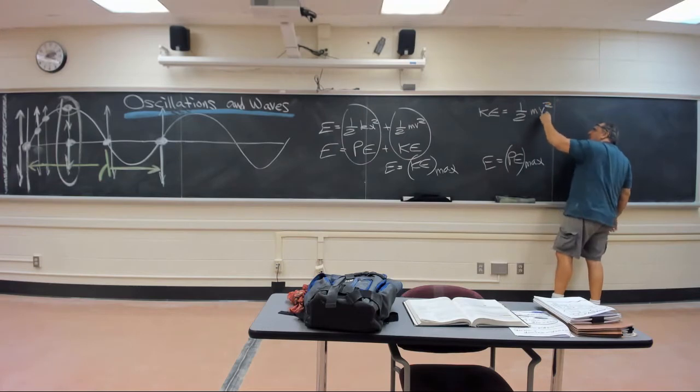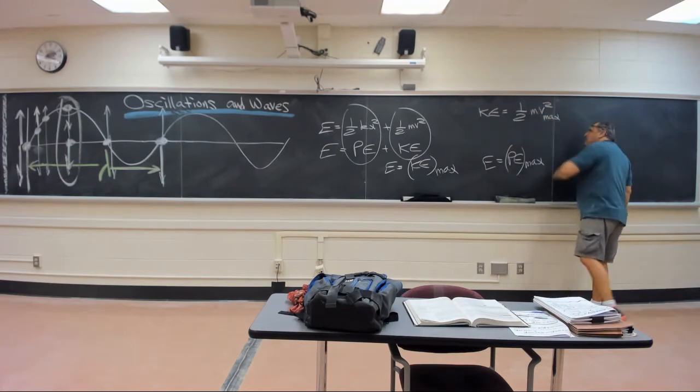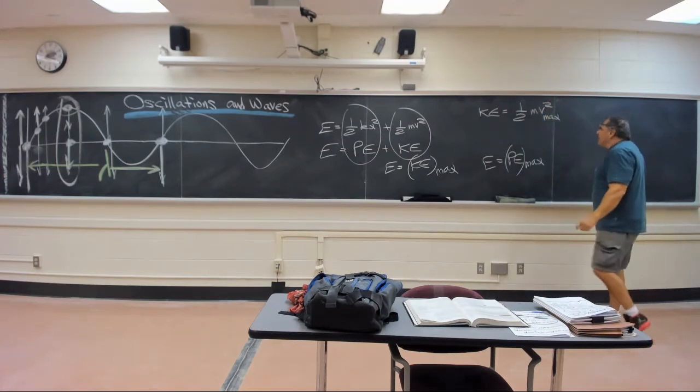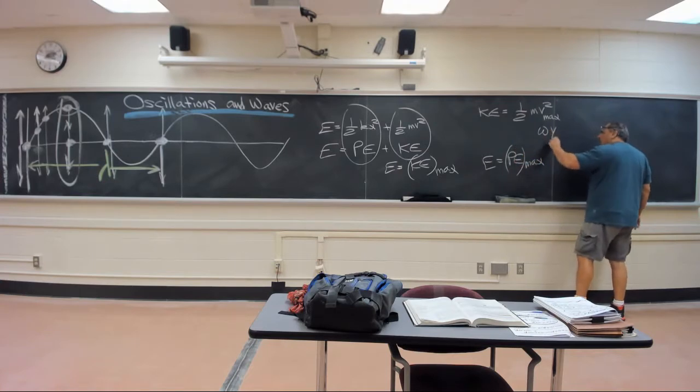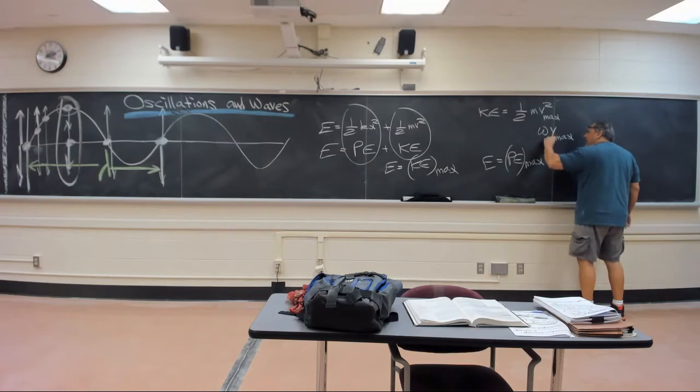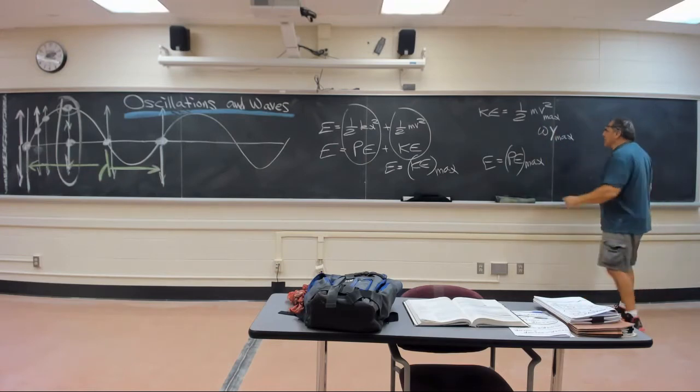Maximum kinetic energy is going to be this guy at its max. Well, this guy at its max is omega of the oscillator times the amplitude, which is Y max. I've used A in the past when I discussed this stuff. Doesn't really matter. The language can change quite a bit on us.